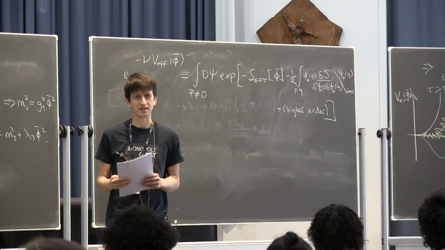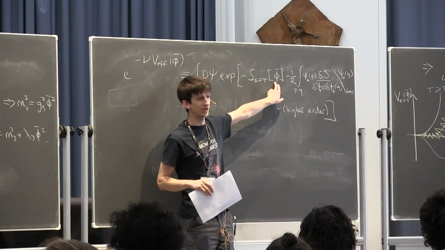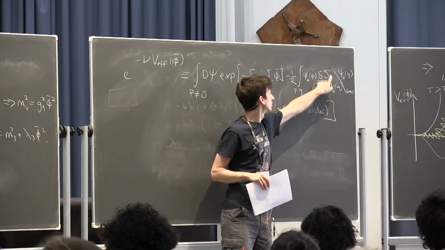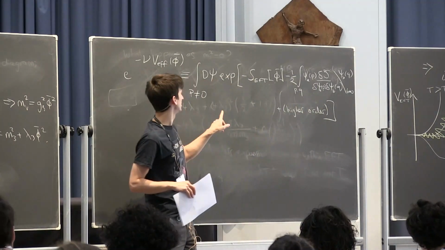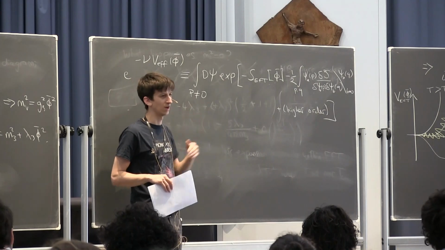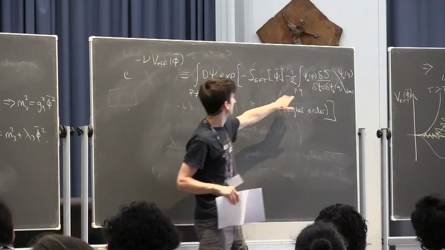So what I've done here is expand the action around the background field phi bar. So the action is background plus fluctuations at quadratic order plus higher orders. The linear order cancels, essentially because the linear order always involves a zero momentum mode. These tadpoles have to have zero momentum going through them, so if I restrict that, then I can get rid of that.